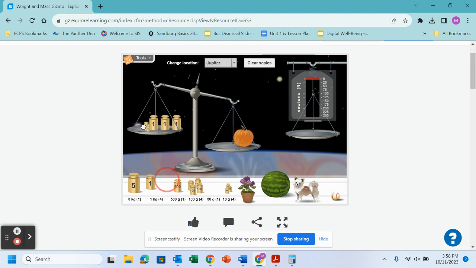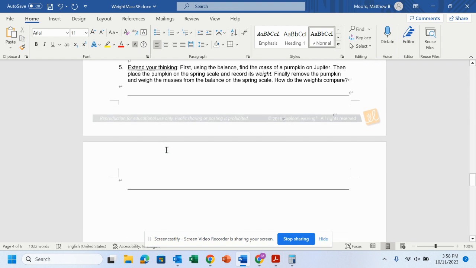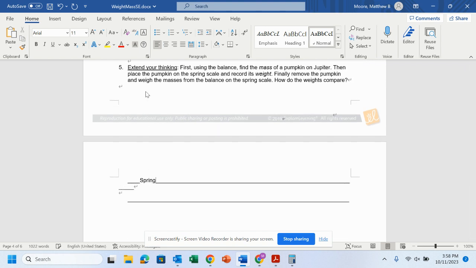Okay, so we know the pumpkin on the spring scale is 3,060 grams. That is the weight of the pumpkin on the balance.